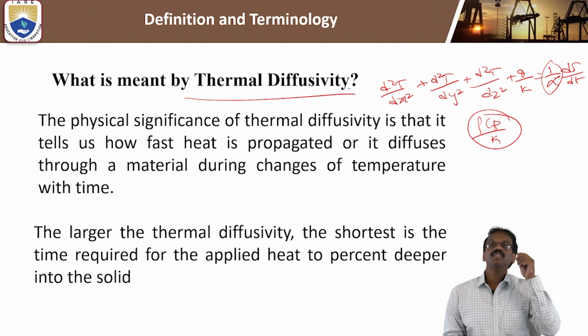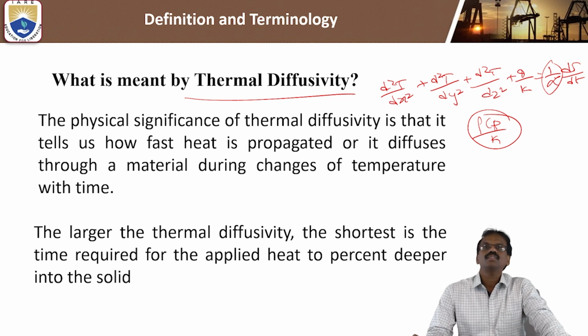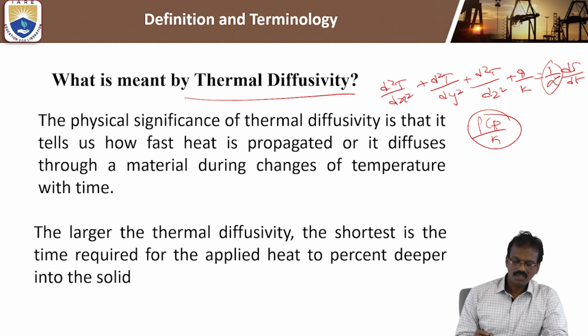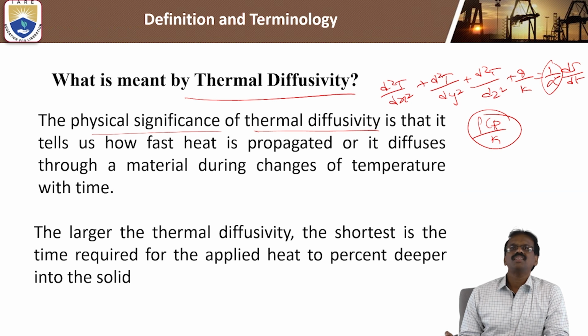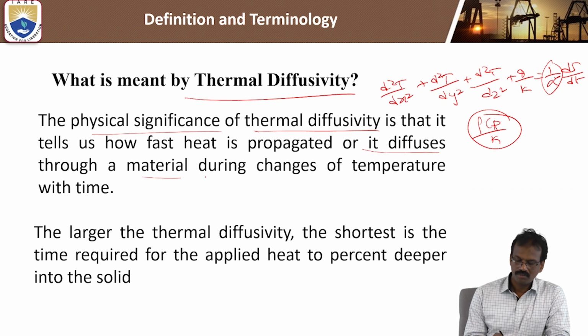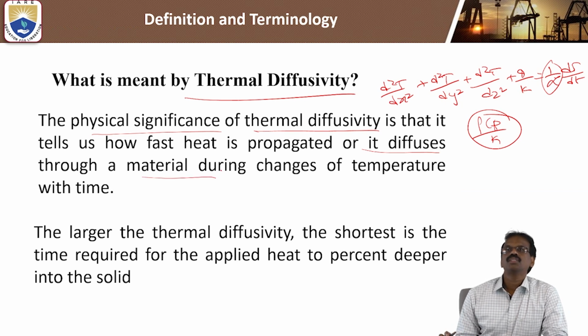So we'll see what thermal diffusivity is and what its importance is. The physical significance of thermal diffusivity is that it tells us how fast heat is propagated or diffuses through a material during changes of the temperature with respect to time.